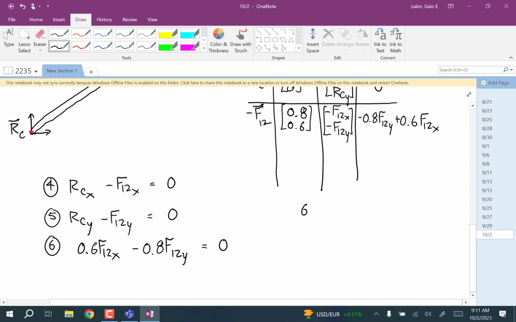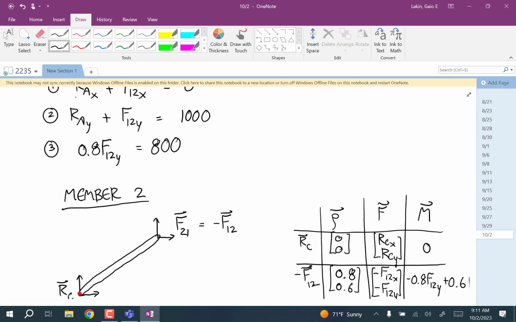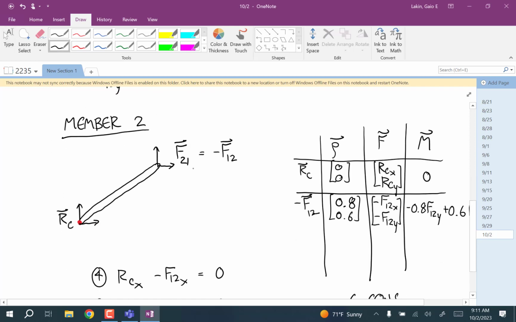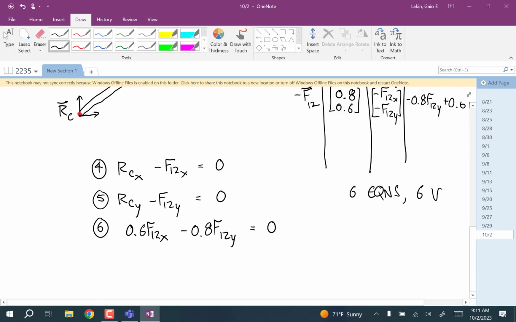Okay, so we have 6 equations. How many variables do we have? Yeah, so we have RA, X and Y components, F12, X and Y components. We didn't add any more here because we use Newton's third law. And then we have RC, X and Y components. So the variables are the F12 vector, RA vector, RC vector.